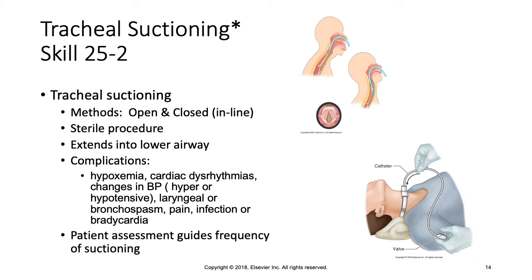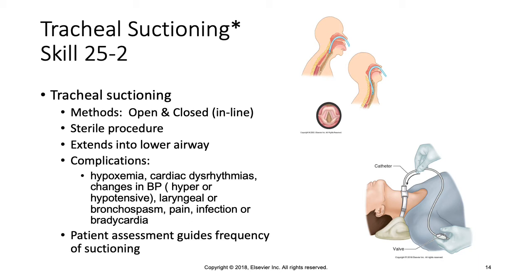Other complications are cardiac dysrhythmias, and these cardiac dysrhythmias occur because of potential hypoxemia, in addition to stimulation of the vagus nerve causing bradycardia. There can be changes in the patient's blood pressure. They can be hypo or hypertensive, bronchospasm, laryngospasm.